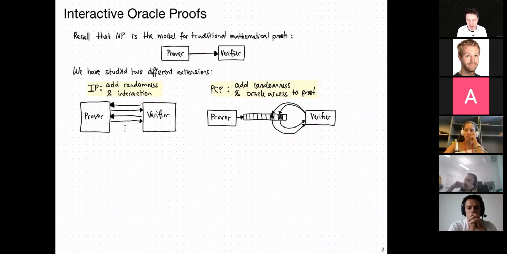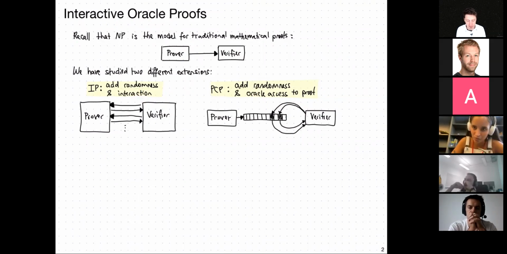So in both cases, there is some notion of randomness in order to make the interaction and the oracle access interesting. Otherwise, without randomness, they will just again collapse back to NP.